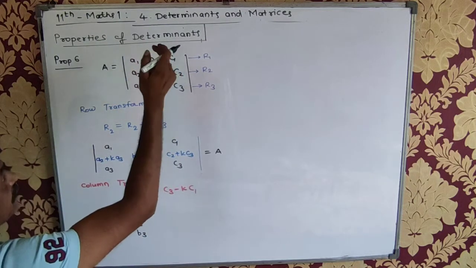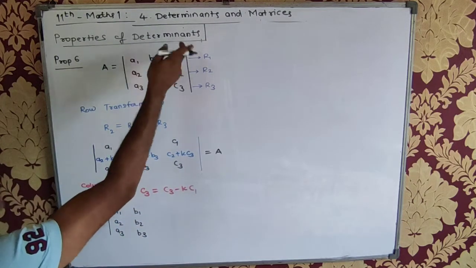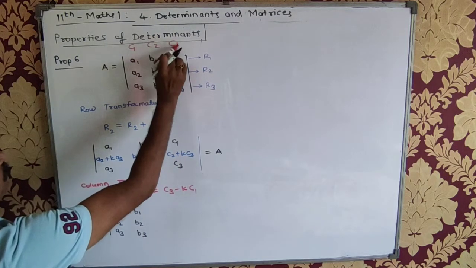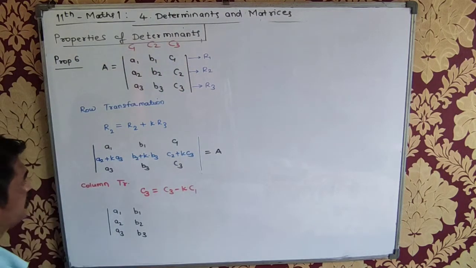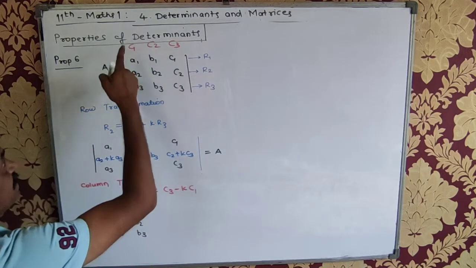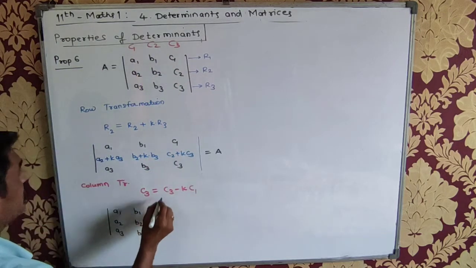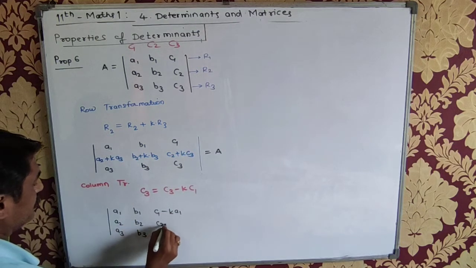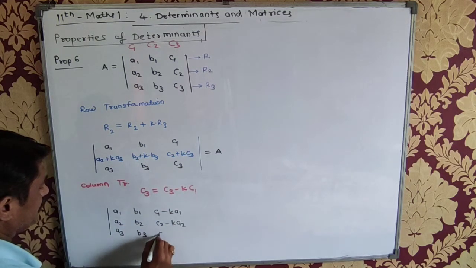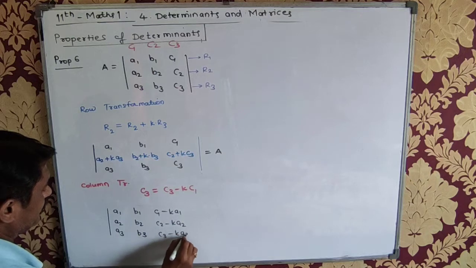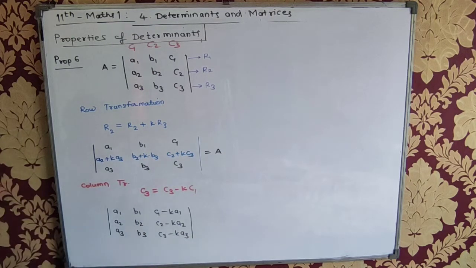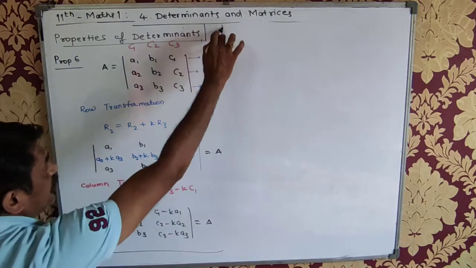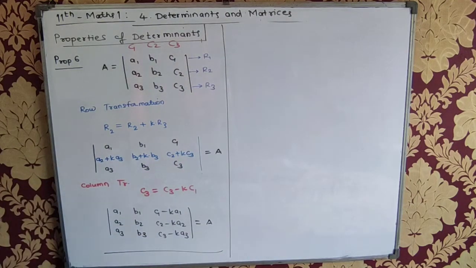So with column 1, column 2, column 3, C3 minus K times C1 gives C3 minus K A1, C3 minus K A2, and C3 minus K A3. After this transformation also the value of the determinant remains the same. Is this okay? Any doubts about that?